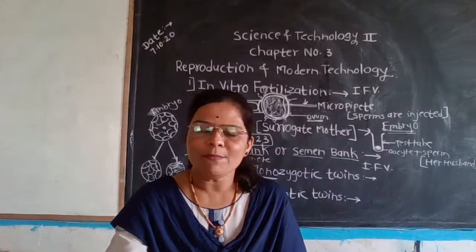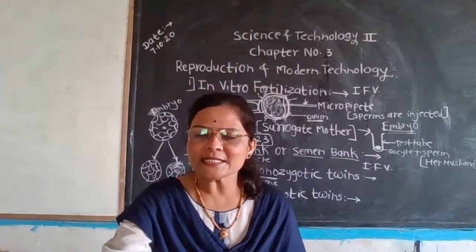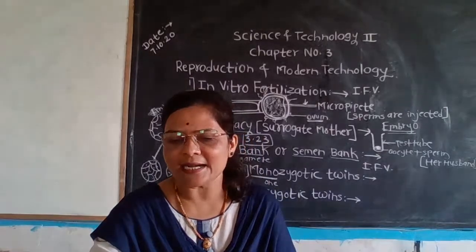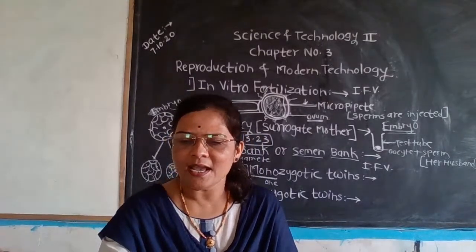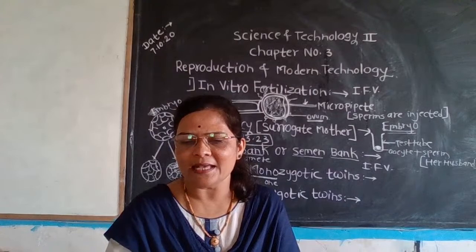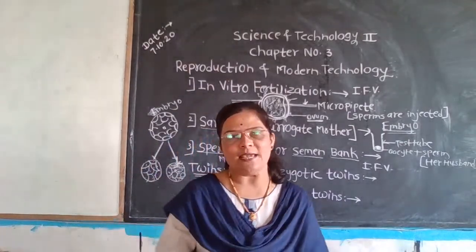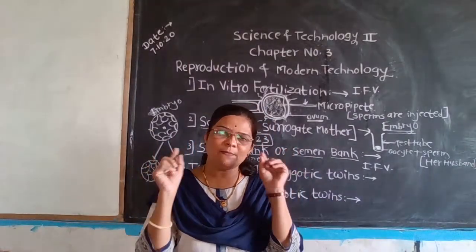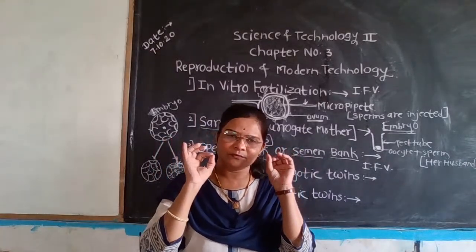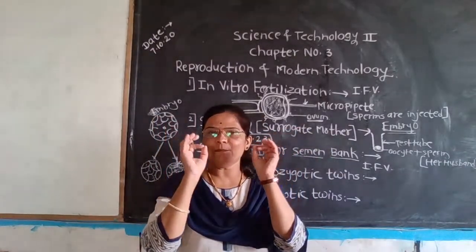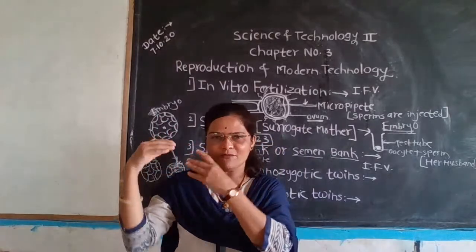Monozygotic twins are genetically exactly similar to each other, and the gender is also the same. Both babies are male or both babies are female.